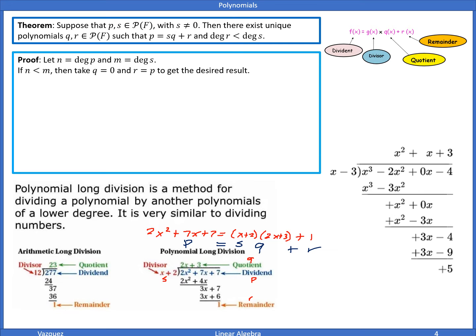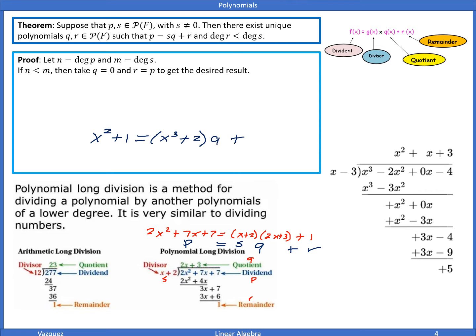If the degree of P is less than the degree of S, then just take Q equal to 0 and R equal to P to get the desired result. For example, if I had x squared plus 1, and let S be x cubed plus 2.